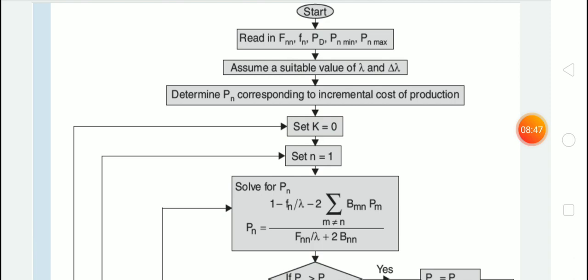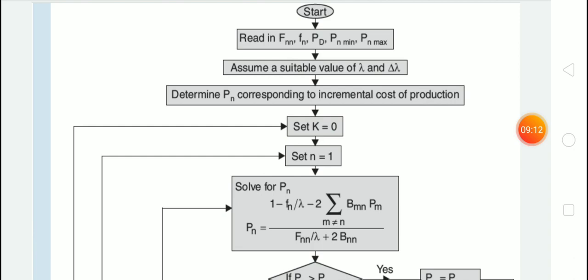First we have to read Fn, slope, intercept, load demand PD, minimum and maximum values of power generation, and we can assume a value of lambda and delta lambda. At first we have to determine Pn corresponding to incremental cost of production, by neglecting the losses, from the incremental cost curve.